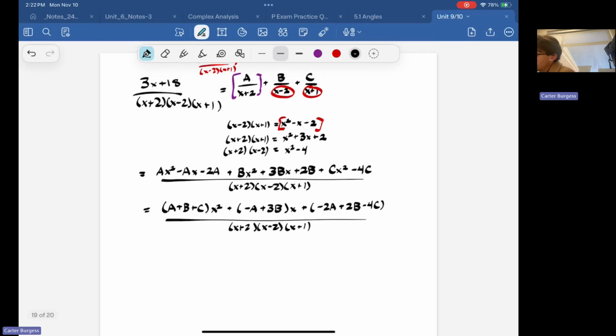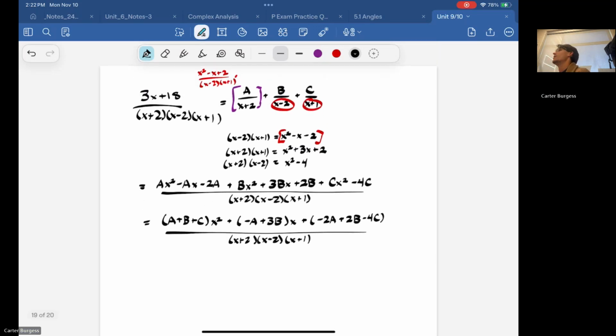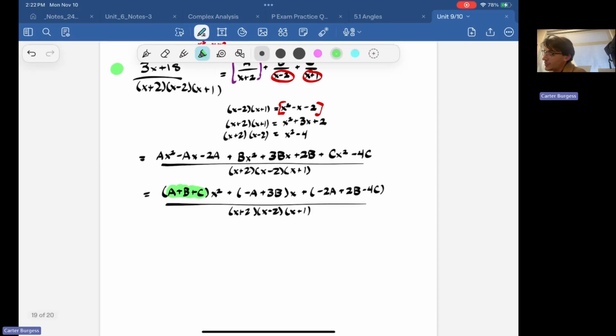Okay, so let's consider what our system of equations is going to look like. What is this going to be equal to? That's equal to 0. Notice that we don't have an x squared term in our numerator, and so we know that a plus b plus c should be equal to 0.